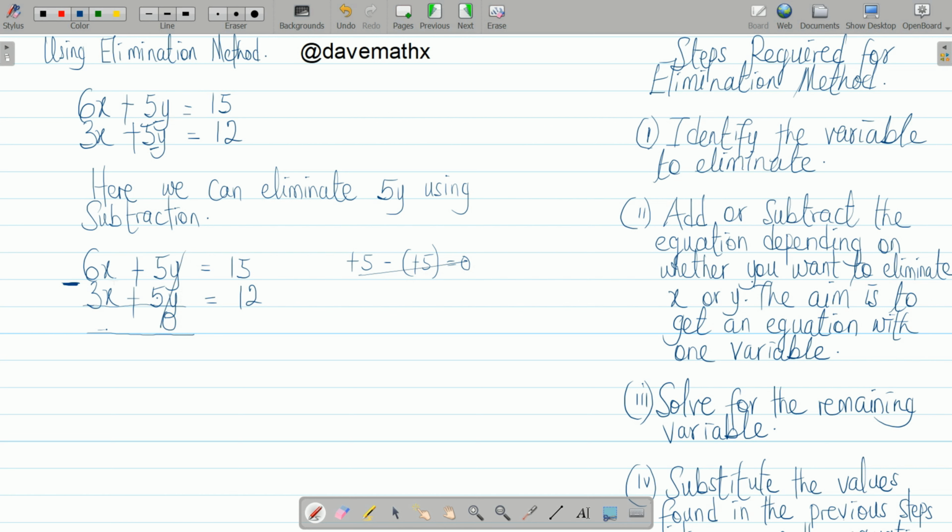After that, I can subtract 3x from 6x, and I will have a remainder of 3x. And lastly, I can subtract 12 from 15, and I will get a remainder of 3 as well.